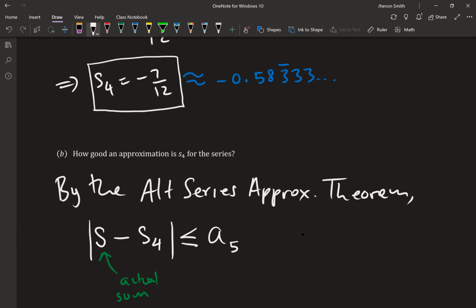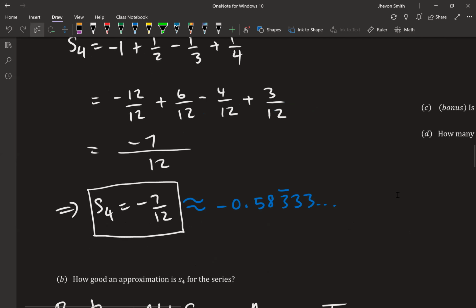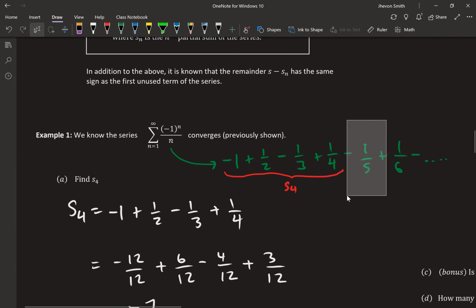And what is A5? It's 1 over 5, the fifth term.